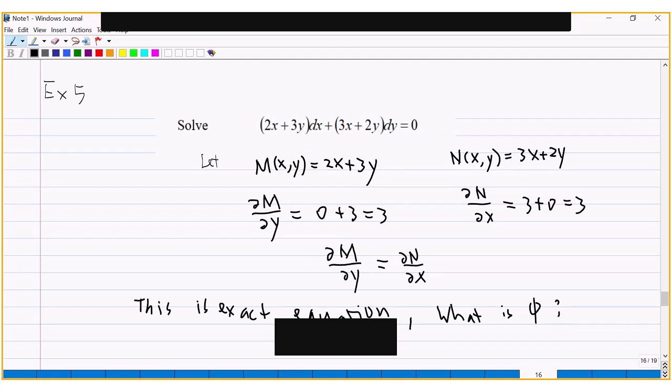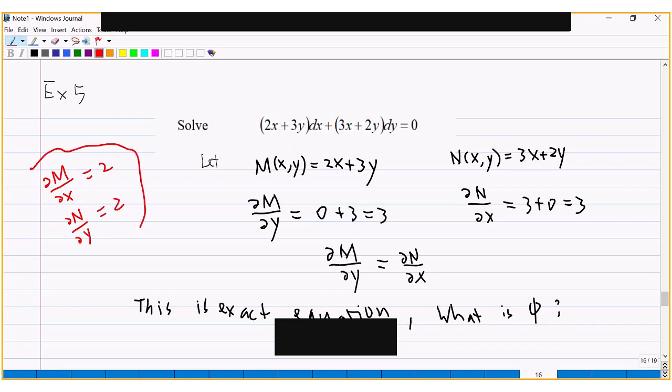So to do this, example 5, first check this is exact. Yes, we find that this is exact by checking this partial differentiation with respect to y and x. Make sure that you do the correct partial differentiation, because this example is quite tricky. If you do differentiation of m with respect to x, you get 2. Differentiation of m with respect to y, you also get 2.